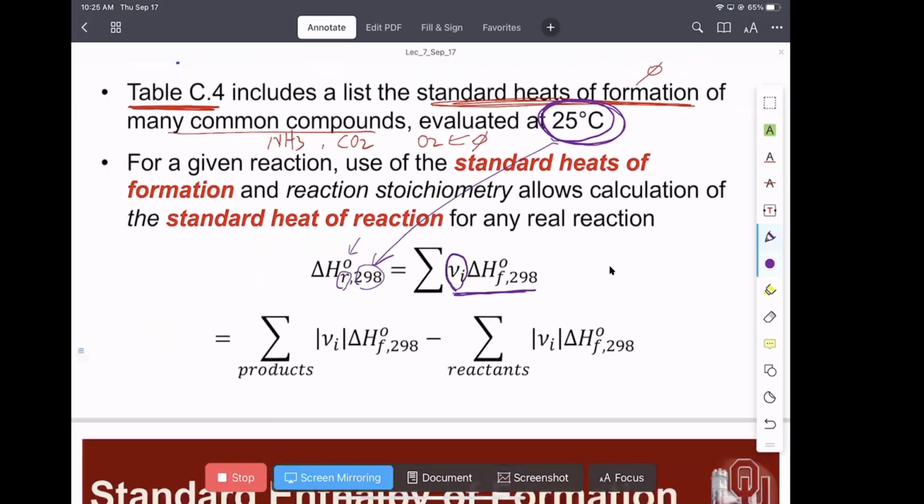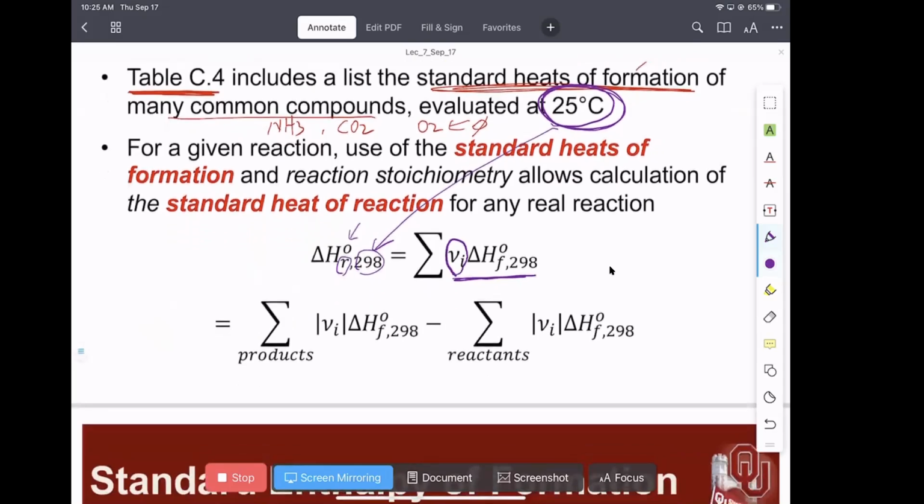So if we look at ammonia as the example, hydrogen and nitrogen react to produce ammonia. From the definition, that would be the reaction at 298 Kelvin, the standard state.